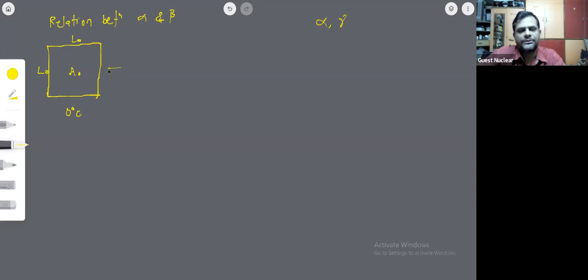But now suppose that this square plate is just heated and due to heating it just expands. So we can just see that this is its original shape whose length is L naught. Each length is L naught and area is A naught, suppose. But now its length is increased. Okay, so उसका length जो है वो बढ़ जाएगा. So we can just show this increased length here in this way.